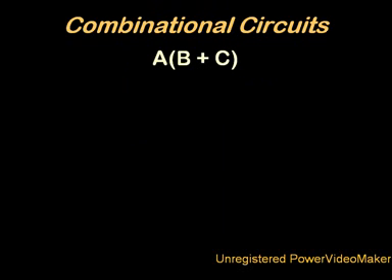Now, gates by themselves don't do much that's interesting, but if we combine them together, we can do much more interesting things. So we're going to talk about combinational circuits, combining logic gates together to make something. Now, I've described this in algebra. You would read this as A and the quantity B or C. Let's put that together with gates.